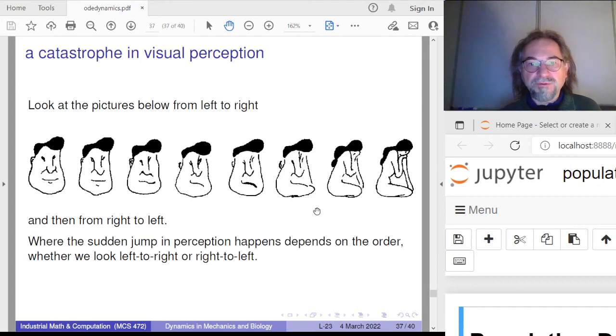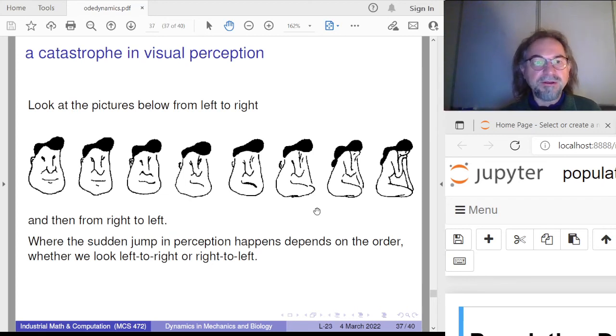While if you look from the right to the left, you will see the shape a lot longer, and you will only start recognizing, I'm now saying what I'm experiencing, you will only see the face in the third picture if you look from the right to the left. So that is a catastrophic event, but that also occurs at different spots.